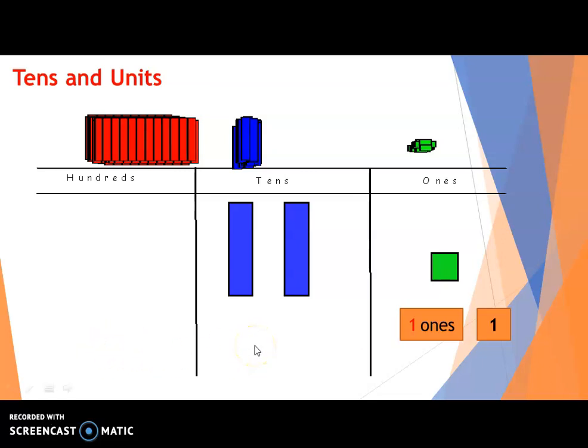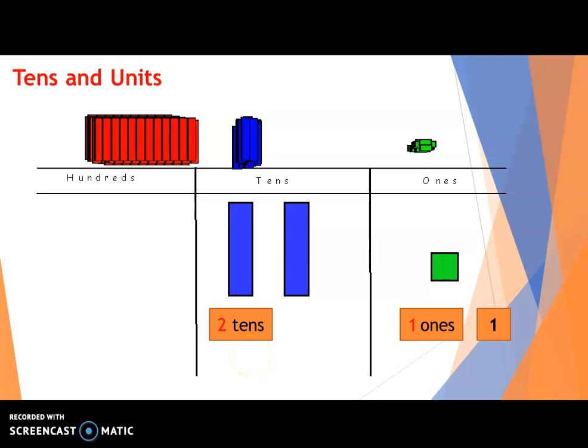And let's have the second one, the blue blocks. You have 2 blocks. 1 block stands for 1 ten and another 1 ten. So how many tens are there in all? 1, 2. So we have 2 tens. What is now the value of 2 tens?